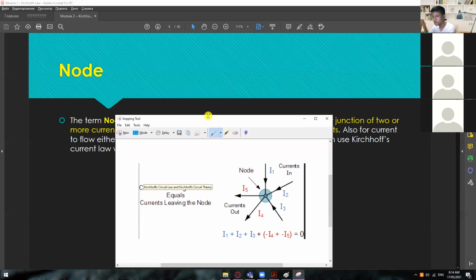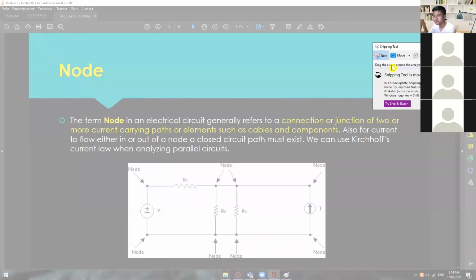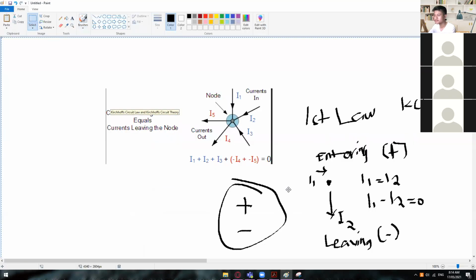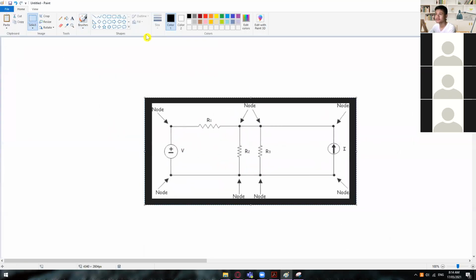Actually, a node is very, very obvious. We could say that this is a junction that is going to R1. If we have another one right here, this is still a node, wherein it connects to other components.